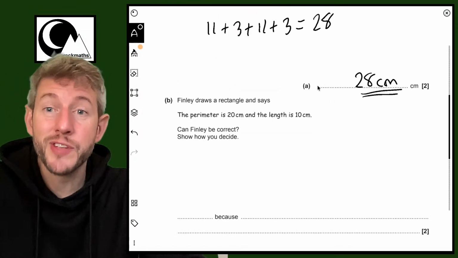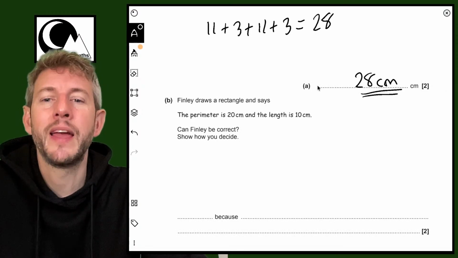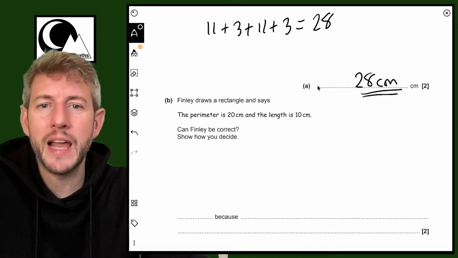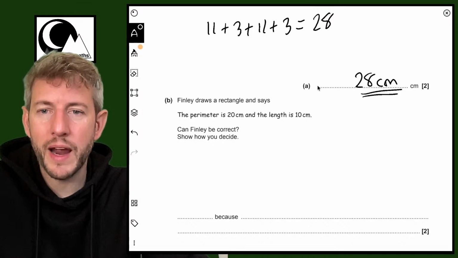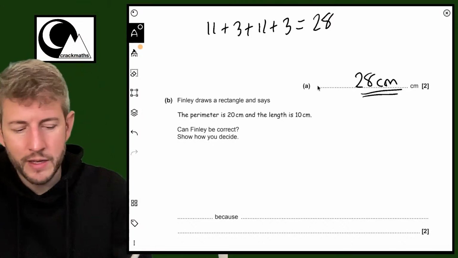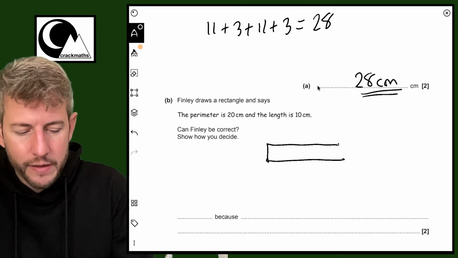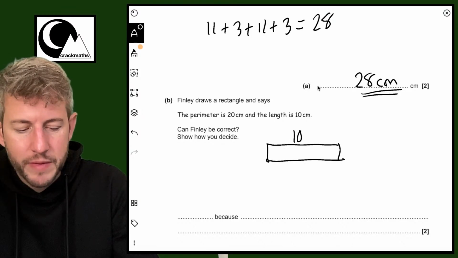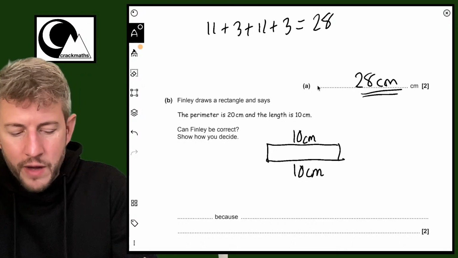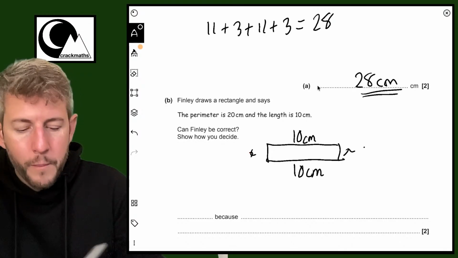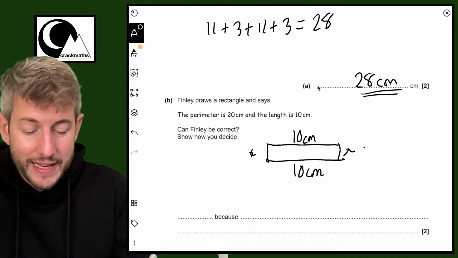This next question says, Finley draws a rectangle and says the perimeter is 20 centimetres and the length is 10 centimetres. Can Finley be correct? Show how you decide. So if we had a rectangle here and the length was 10 centimetres, that would make that 10 centimetres. We don't know what these are, but the perimeter is all of these things added together.